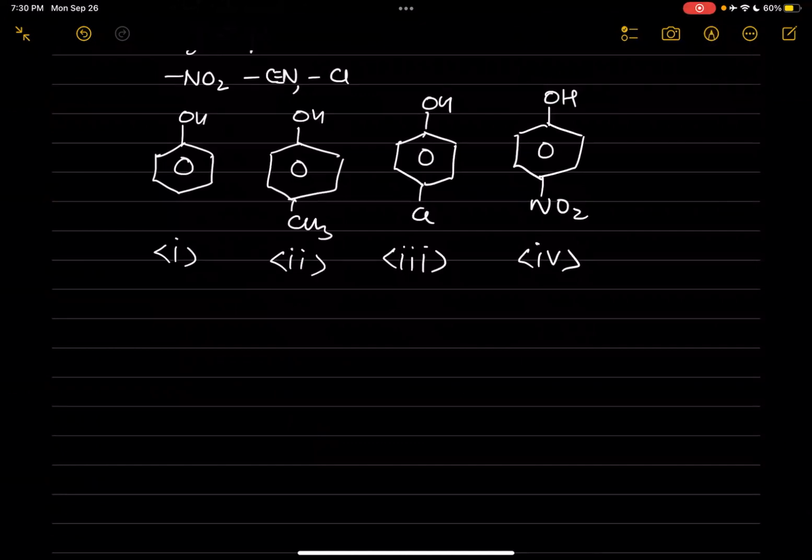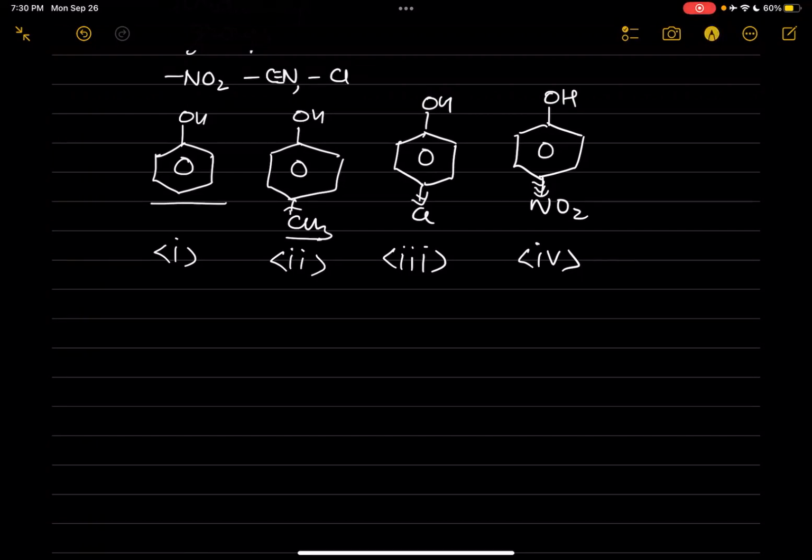Yeah, sir, tell. I think the second one. The second one is electron donating. Yes, the carbon alkyl group is electron donating. Cl is electron withdrawing. NO2 is much more electron withdrawing because there are the oxygen atoms and the nitrogen itself is positive, so it's very much electron withdrawing.